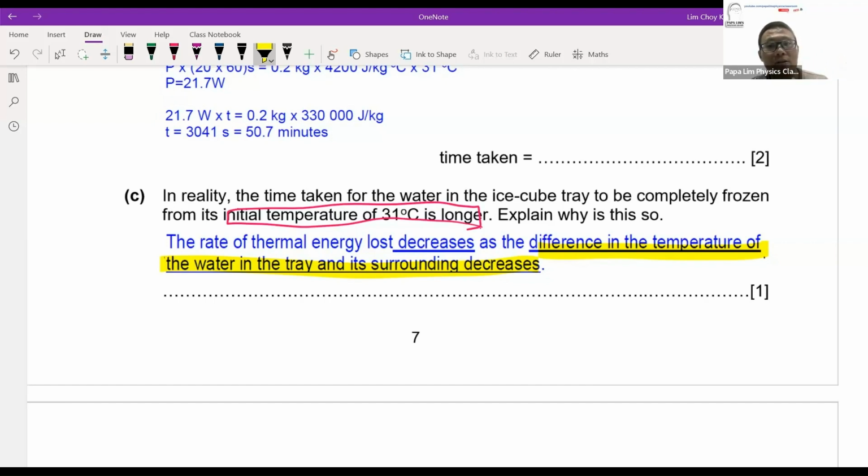The heat loss is actually slower in the last 10 minutes. So just take note of this assumption that we make, or this reality check that we are dealing with.